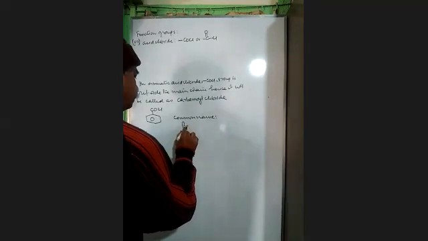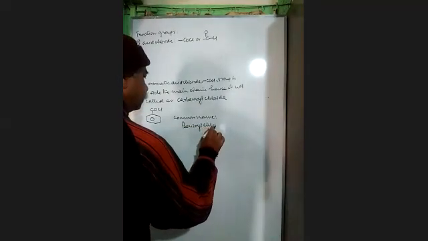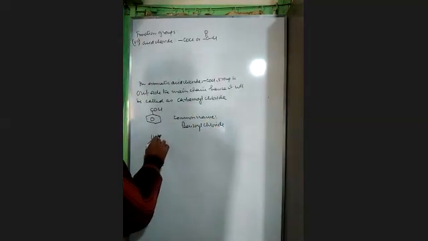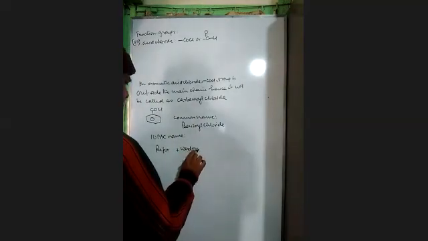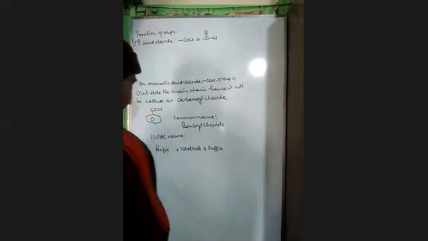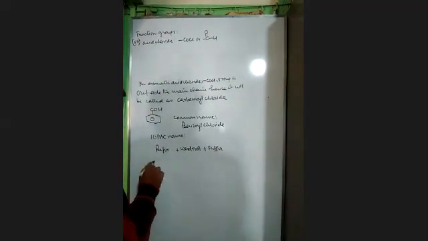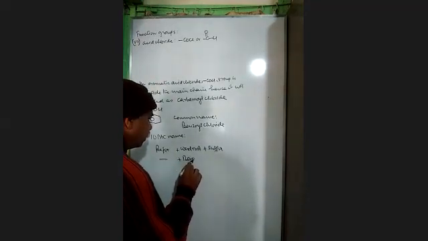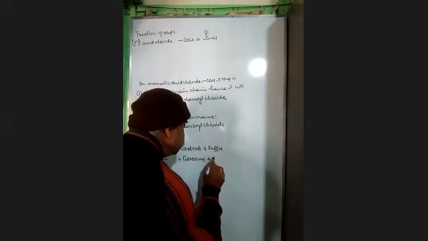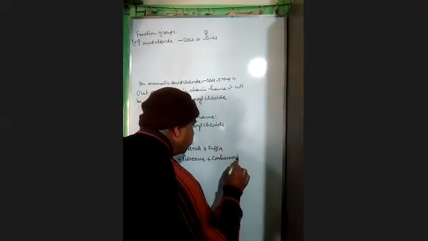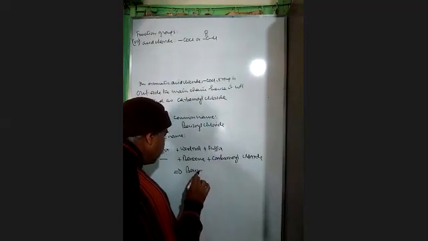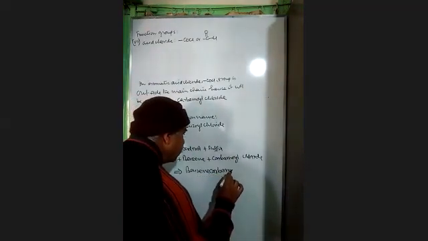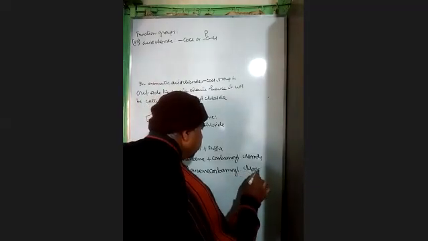Common name is benzoyl chloride. What is the IUPAC name? Benzene carbonyl chloride.